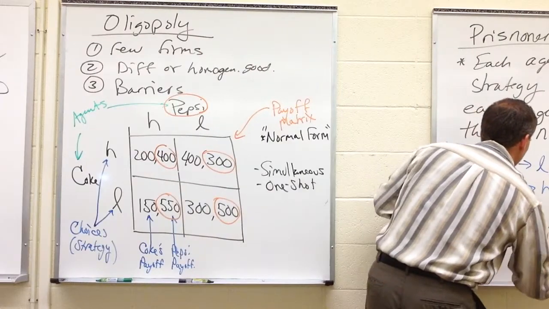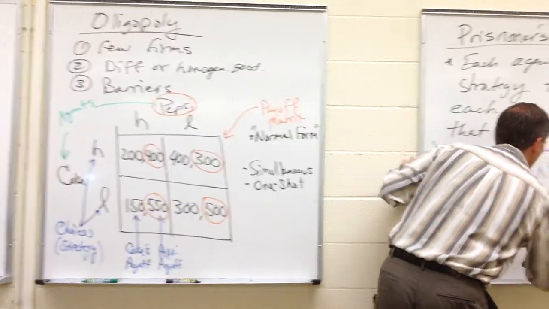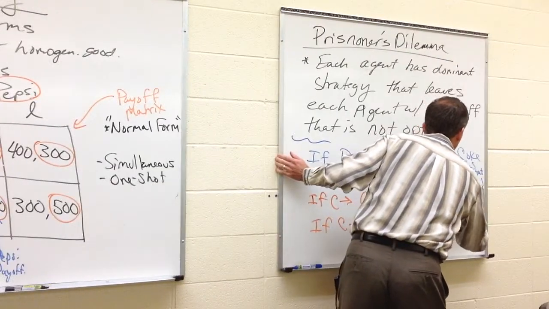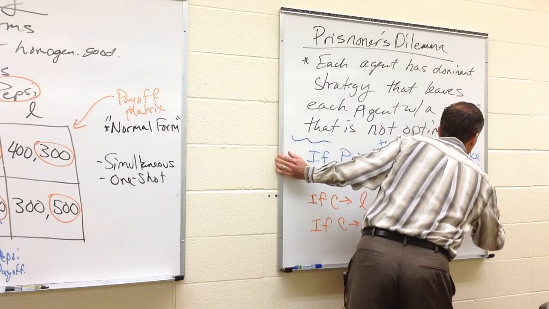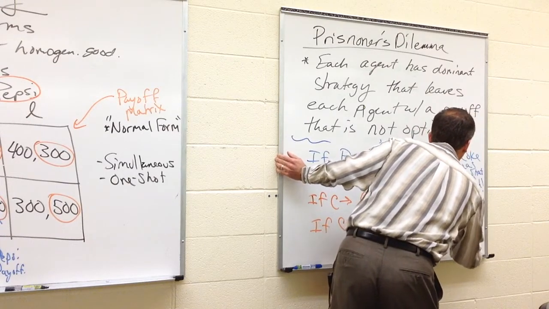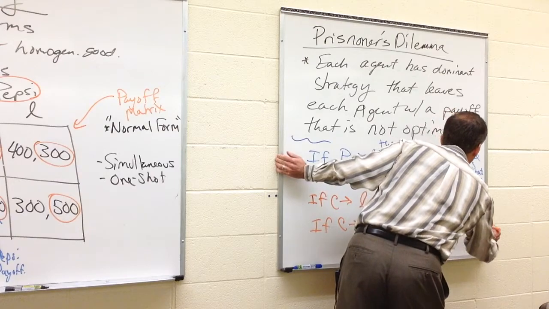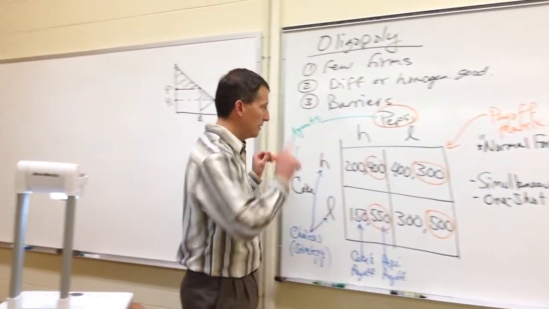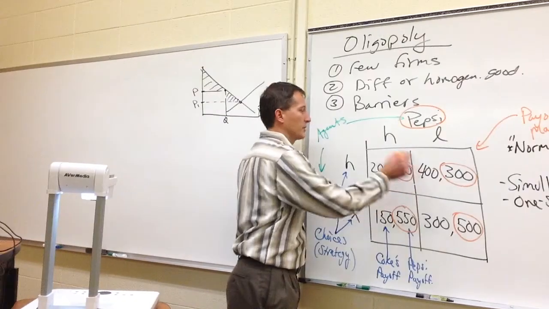If Coke goes high, Pepsi will go high. Therefore, Pepsi has a dominant strategy of high. So they're both going to go high. High is right here.